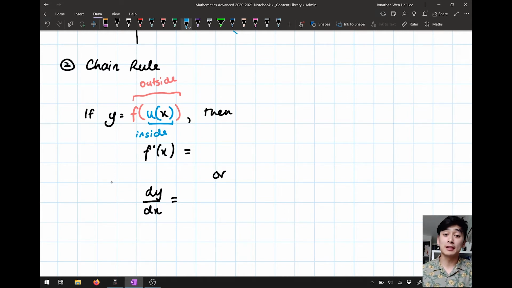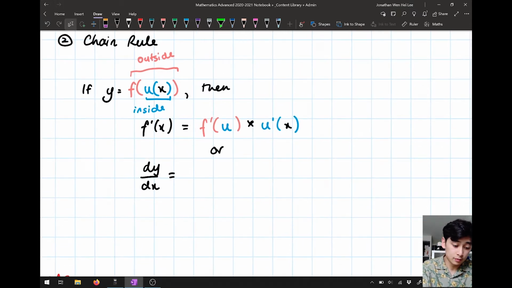So when I differentiate this, I differentiate the outside function, treating the whole thing as a u, and then I times that by the derivative of the inside function, u dash x. Sometimes they also write this in a different way, using my derivative notation: dy on dx.